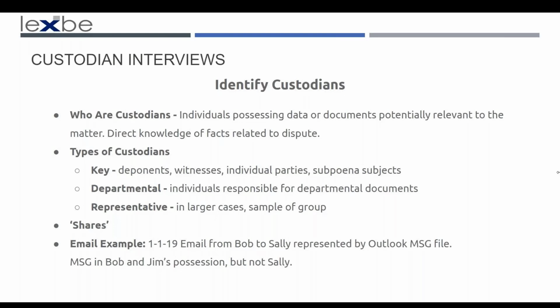These are individuals who are responsible for the departments and documents in them, even though they may not have personal knowledge of the specific document in question. So the HR department in larger companies may have a custodian in charge of HR documents that would respond to a subpoena or a request for collection of documents and be the custodian for those documents.